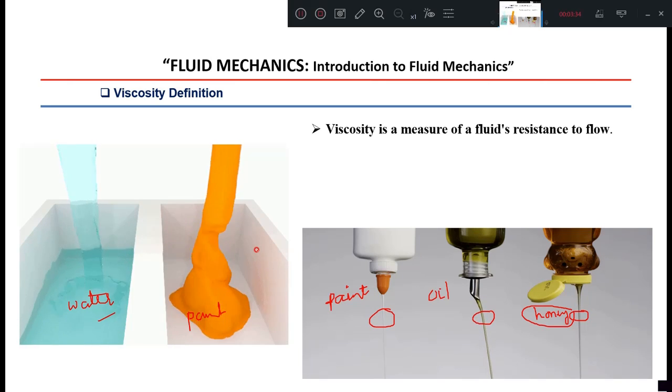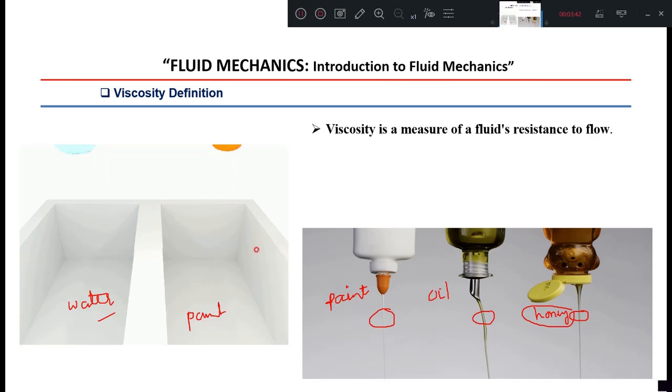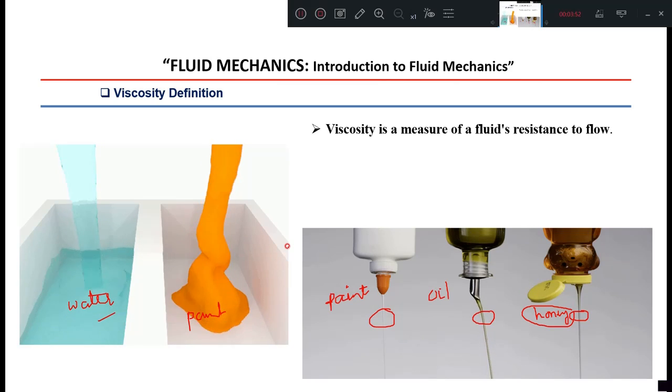A fluid with larger viscosity resists motion because its molecular makeup gives it a lot of internal friction. A fluid with low viscosity flows easily because its molecular makeup results in very little friction when it is in motion.